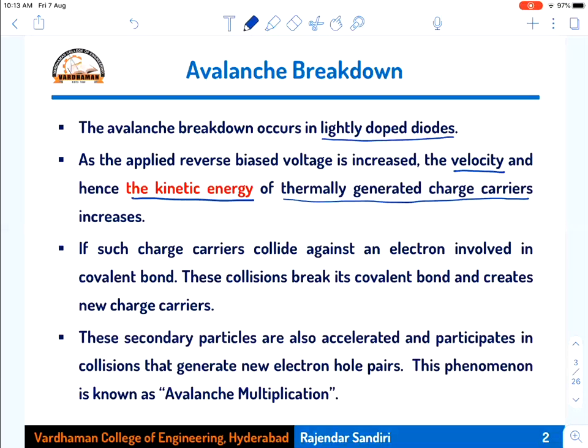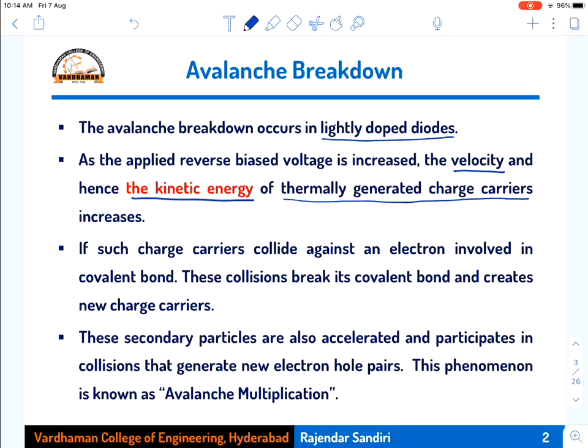Because of that collision, the covalent bond breaks. If the covalent bond breaks, the electron becomes a free electron. If the electron comes out of the covalent bond, it becomes a free electron, and it is almost as if a new carrier is created.